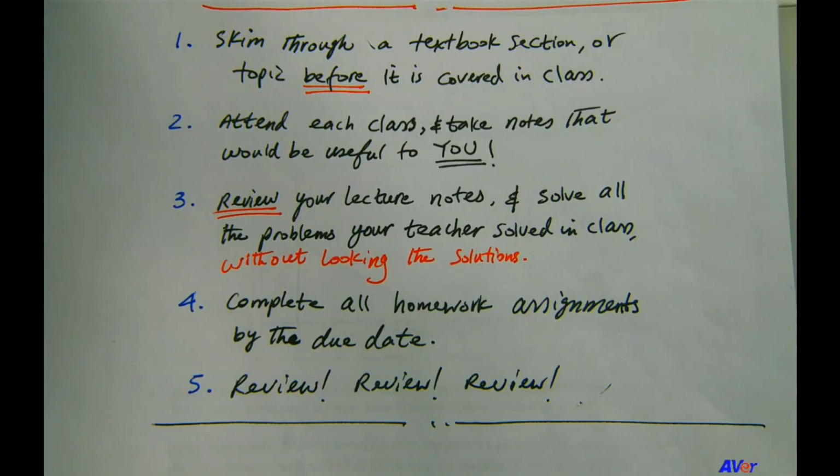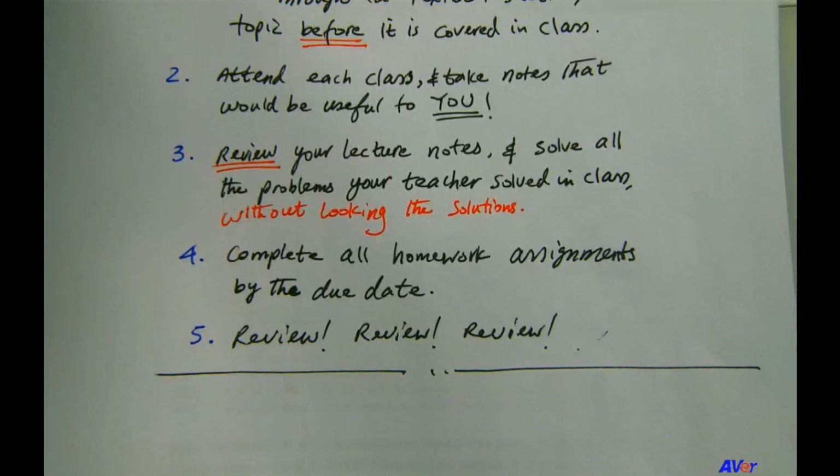And of course, review these lecture notes. Don't just take notes and not look at these until much later. As you take notes, read through them after a class, then the evening after you attend the class, or you watch this video, and remind yourselves of the things that were discussed.